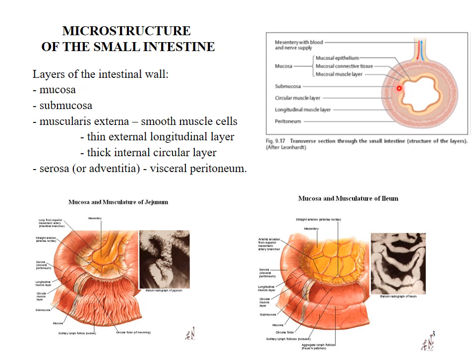Then the second one is the submucosa. Then the muscular layer, which consists of 2 layers of smooth muscle cells: external thin longitudinal layer, longitudinal muscular fibers, and internal thick circular layer. And the outermost layer is serosa. This is the visceral peritoneum.